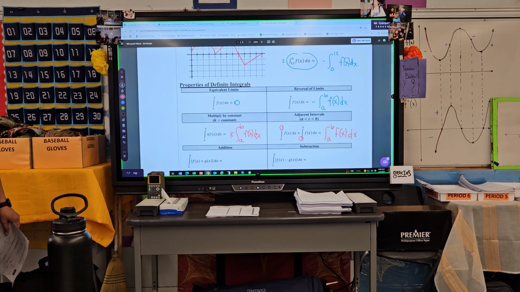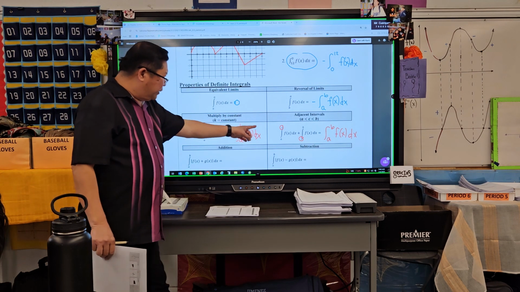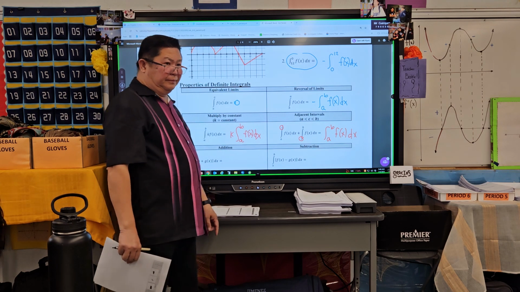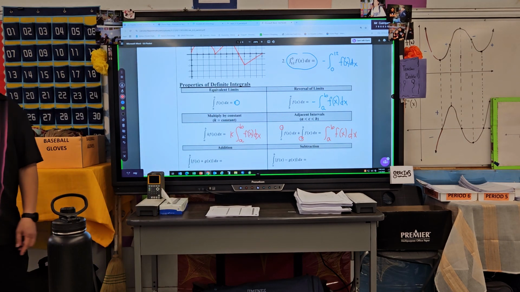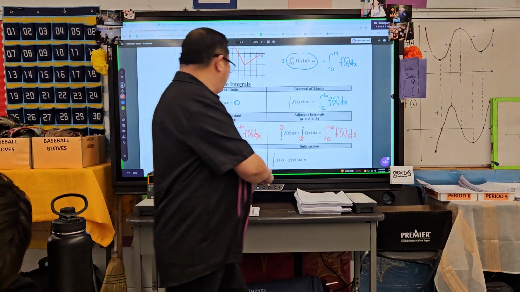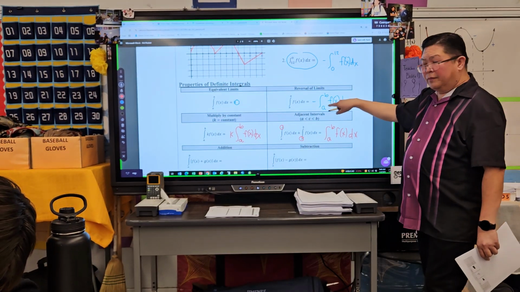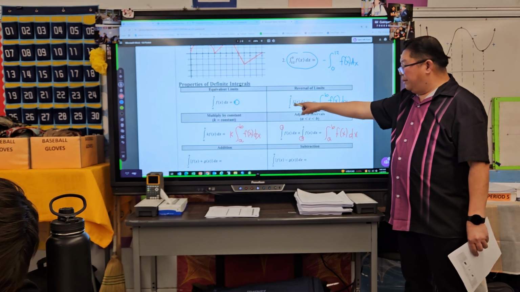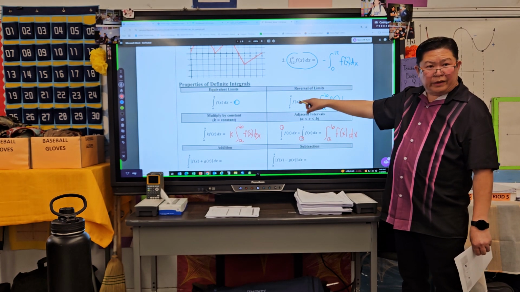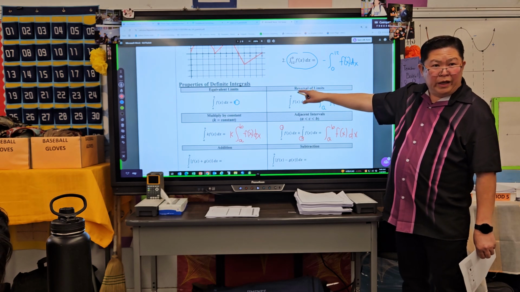Can I move this up now? So adjacent intervals. Where does the negative sign come from if you're just switching the limits? You mean this one? Yes. Now, remember, the limit should be from a to b, but this one is b to a.